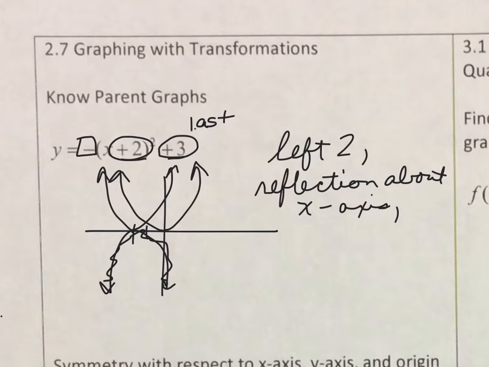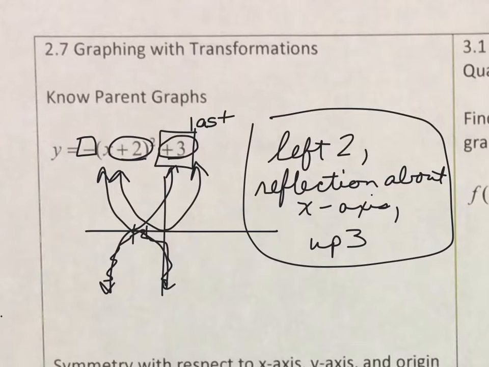And then finally I can handle the plus 3, which is going to put us up 3. So I want to see what you did to get your answer, which is left 2, reflection about x-axis, and up 3, which is going to give you a graph that ends up looking like that.